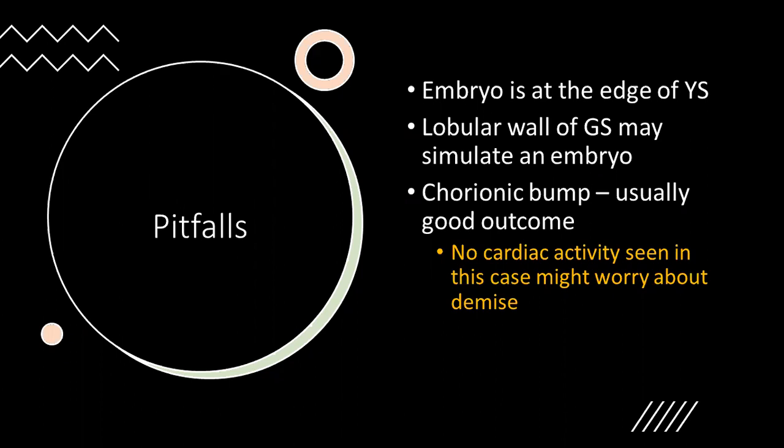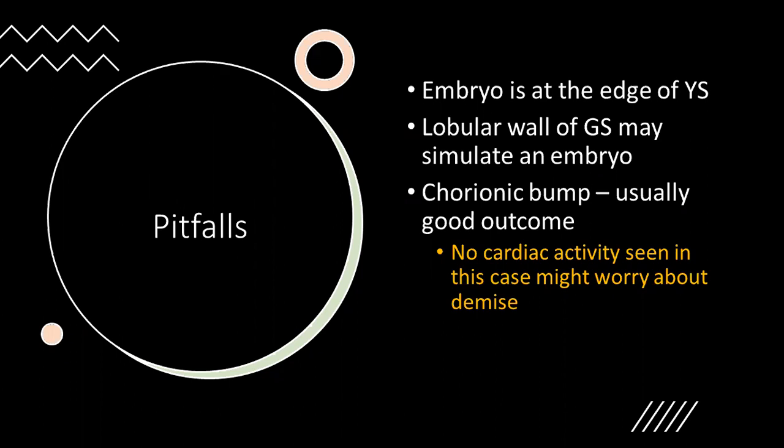So for you to come up with a diagnosis of embryonic demise, make sure that your exam itself is adequate. Technically, look at all the controls that are supposed to be adjusted so that we get the best image quality that we can get from that machine.